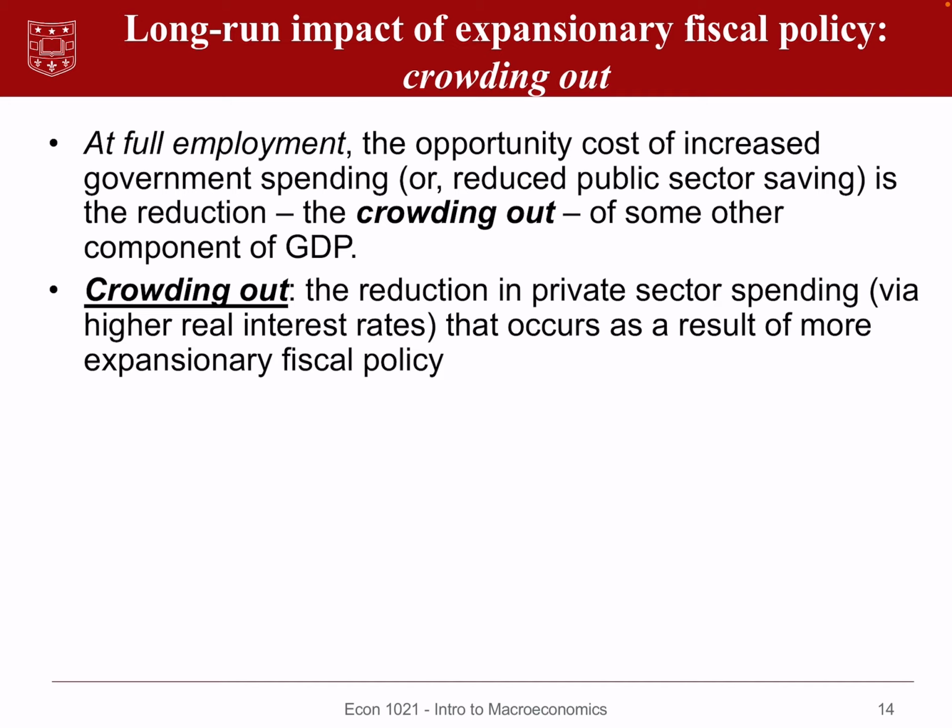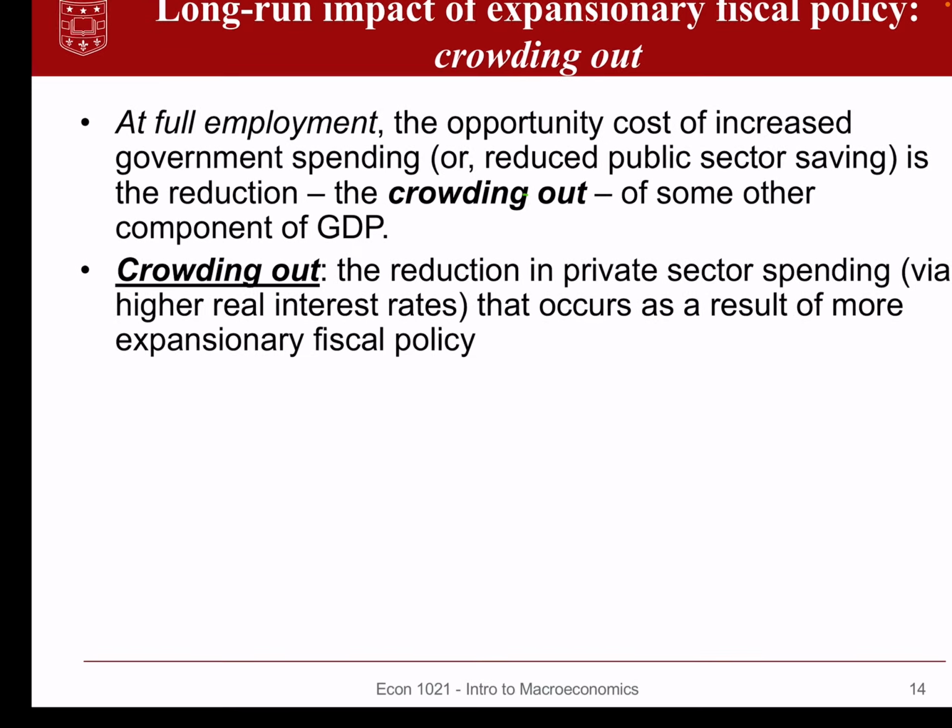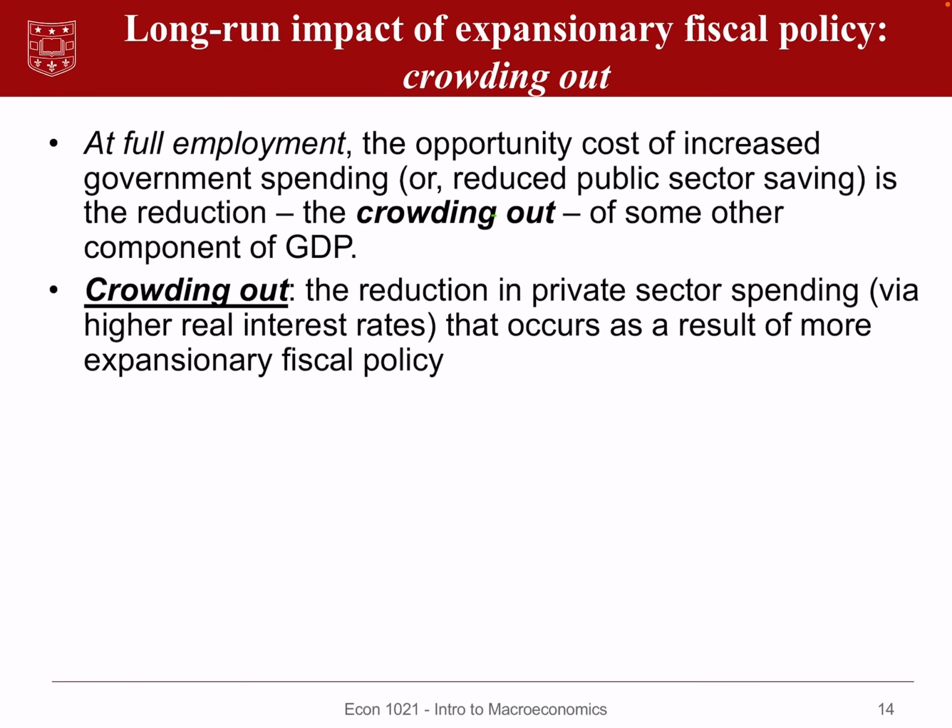But what do we mean by crowding out? What we mean by this is that if we increase government expenditures, or by extension reduce public sector savings, then there has to be a reduction or a crowding out of some other component of GDP or some other component of the private sector of the economy.